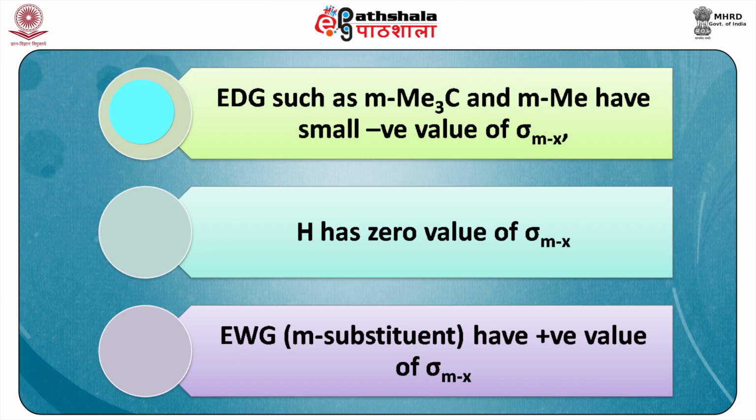Now electron donating groups such as trimethyl carbon at the meta position and m-methyl have small negative value of sigma m-x. H has a 0 value of sigma m-x. Electron withdrawing substituents at the meta position have a positive value of sigma m-x.